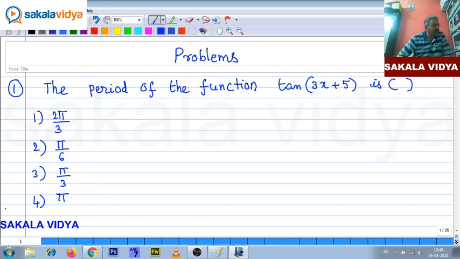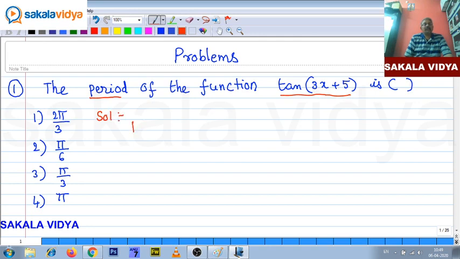Definitely I will explain the concept while dealing with it, that is okay. Everybody, okay, pi by 3. Good. So, now the period of the function tan of 3x plus 5. Moreover, I discuss this concept also, because it will be useful.